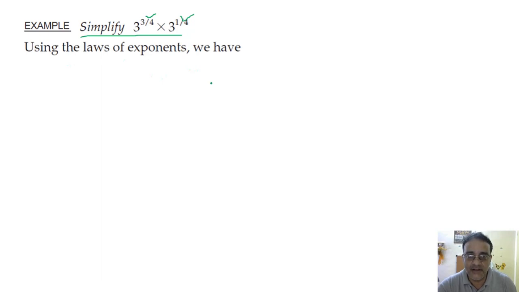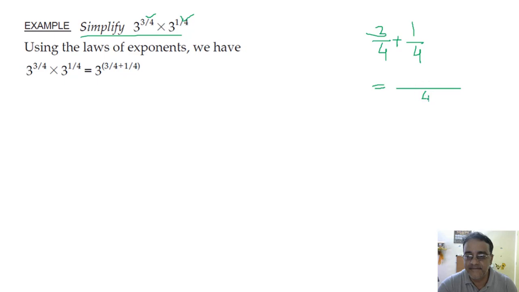So using the laws of exponents we have 3 to the power 3 by 4 plus 1 by 4, हम लोग को powers ऐड करना है. ओके. सो इसका एलसीएम क्या होगा? 4 and the numerator will be 3 plus 1. So कितना होगा? 3 plus 1 upon 4, that is 4. Final answer. 1 sir.